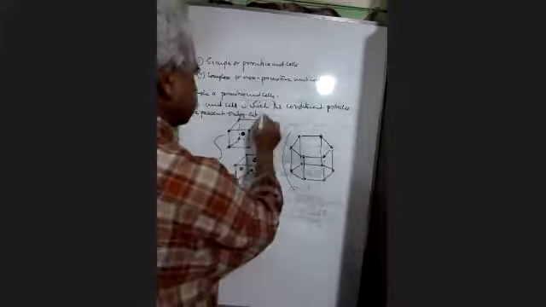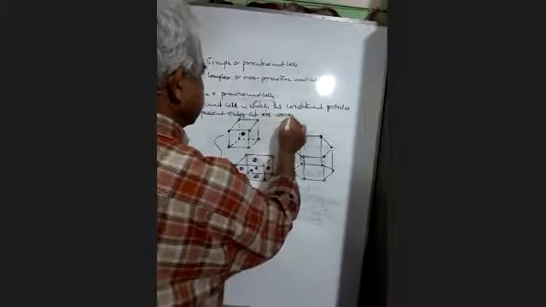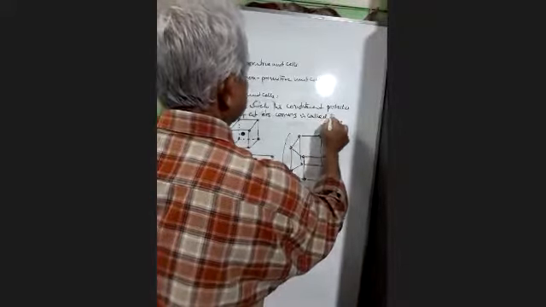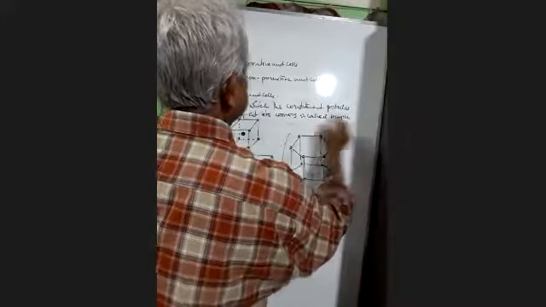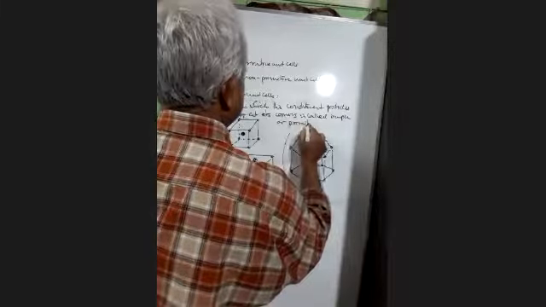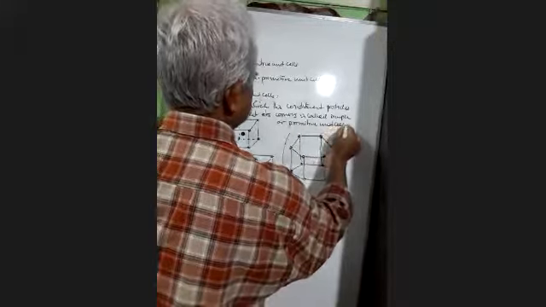Only at its corners is called simple or primitive unit cell.